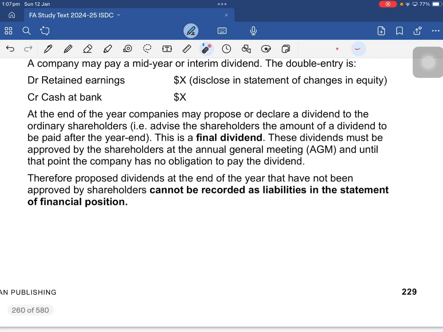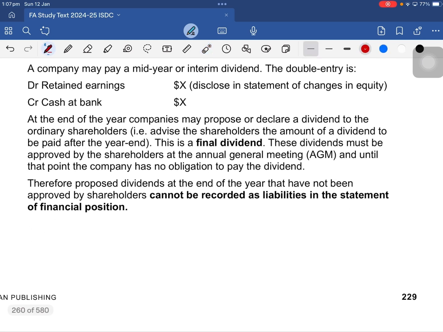Now I'm going to teach you an equation. That equation is: closing retained earnings is equal to opening retained earnings plus P&L for the year, that is the SOPL profit for the year, minus dividend paid.